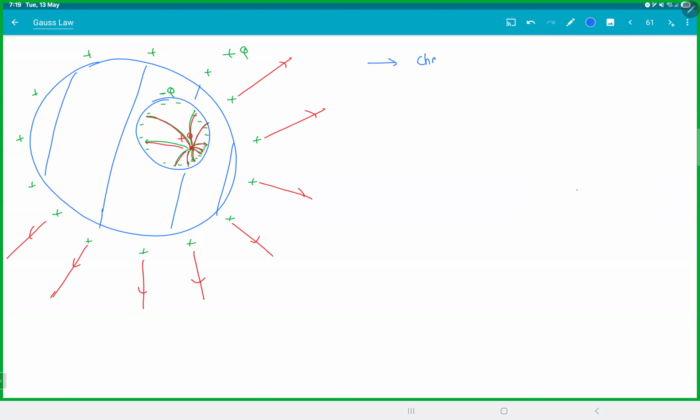The charge inside... let me just draw these lines again. They got too cumbersome. They look like this.